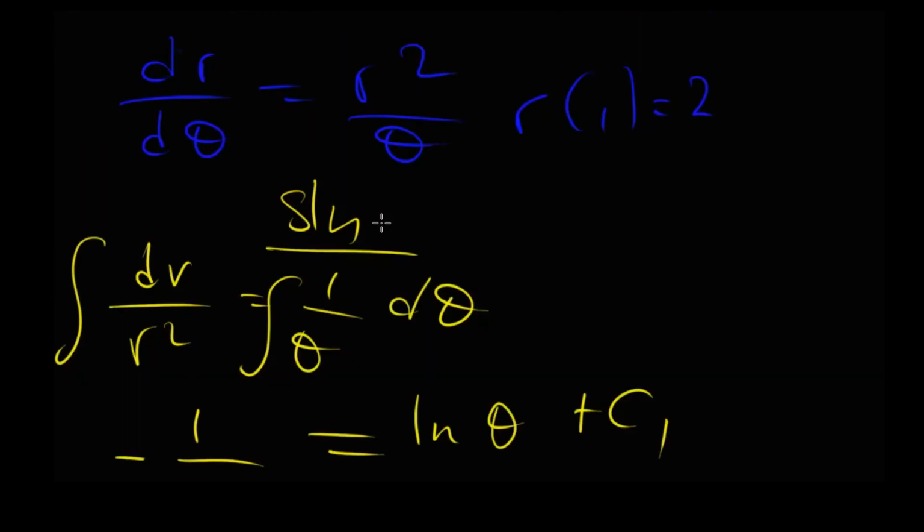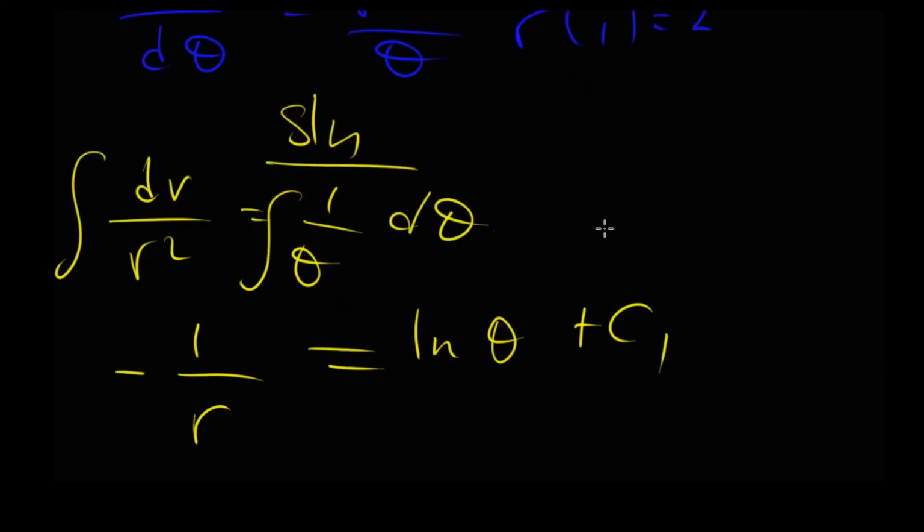It's like when you have a function f of x. If you want to find f of 1, that means 1 will be x. So ln 1 is what?